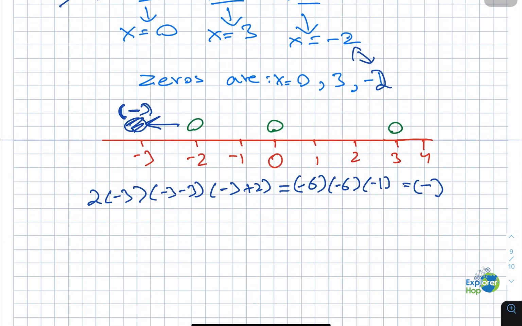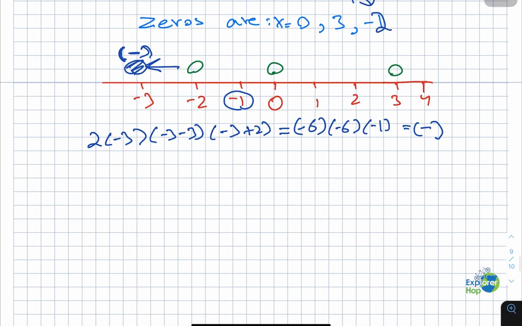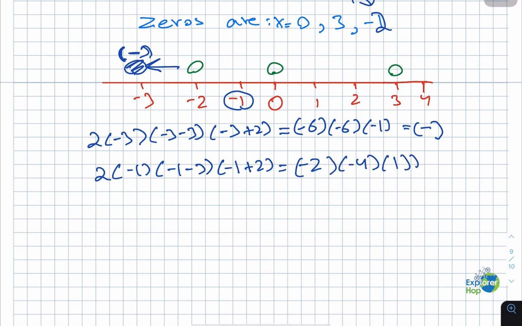So when x is less than minus 2, we get less than 0. Now let's test minus 1, which is between minus 2 and 0. So we get 2 times minus 1 times minus 1 minus 3 times minus 1 plus 2, which is equal to minus 2 times minus 4 times 1, which is a positive number. So this is positive, and this is greater than or equal to 0, so this is correct.